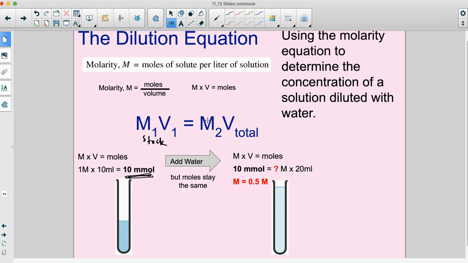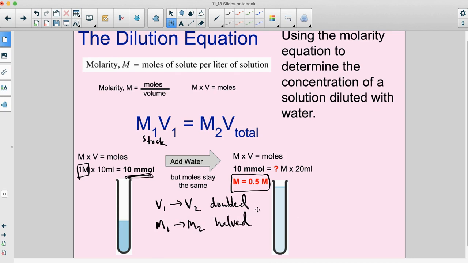So we just have to do this M2V2 side and solve for the molarity, and it's 0.5, which makes sense since we started out at 1. We changed the volume, V1 to V2, doubled. So M1 to M2 halved.